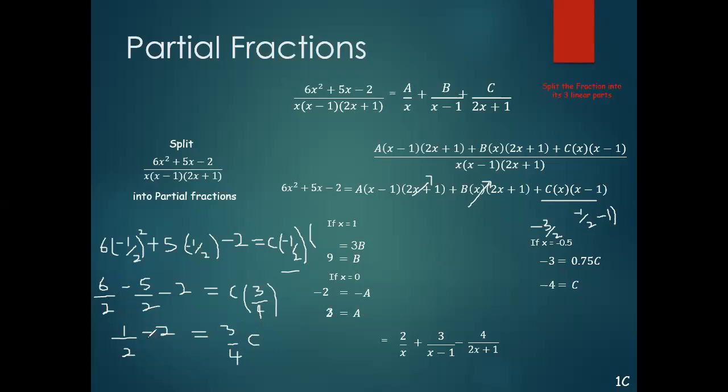And then once we simplify this, half minus 2 will give us minus 3/2, which is 1/2, is equals to 3/4 C, right? So solving for this, when we do the simplification, we can multiply both sides by what? 4/3.